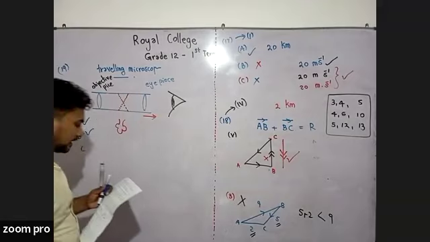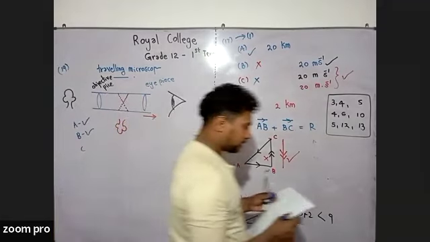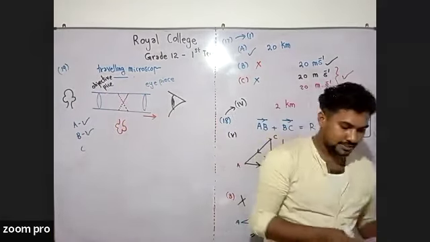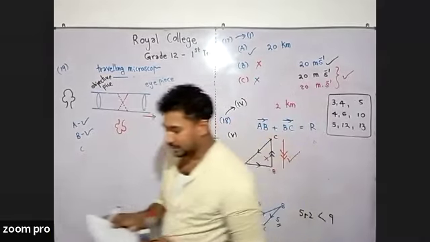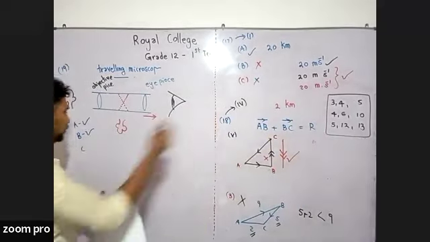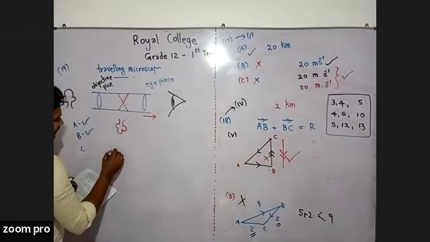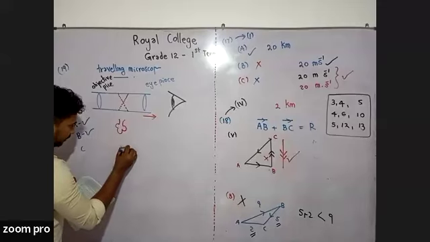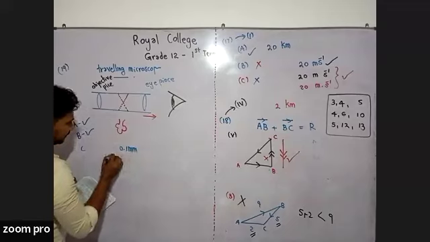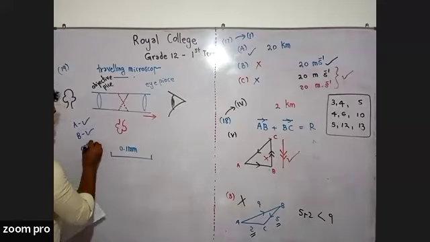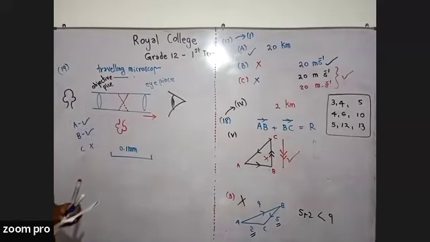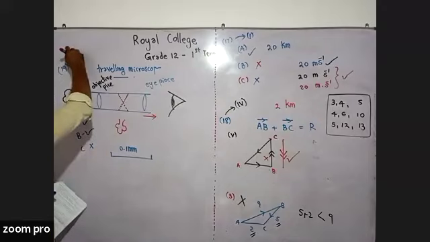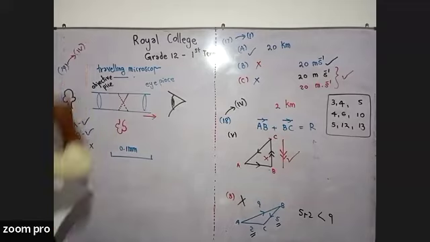C: The main scale of a traveling microscope in a school laboratory is divided into 1 millimeter sections. No, normally they are divided into 0.1 millimeter divisions. So statement C is incorrect. So the correct answer should be the fourth one.